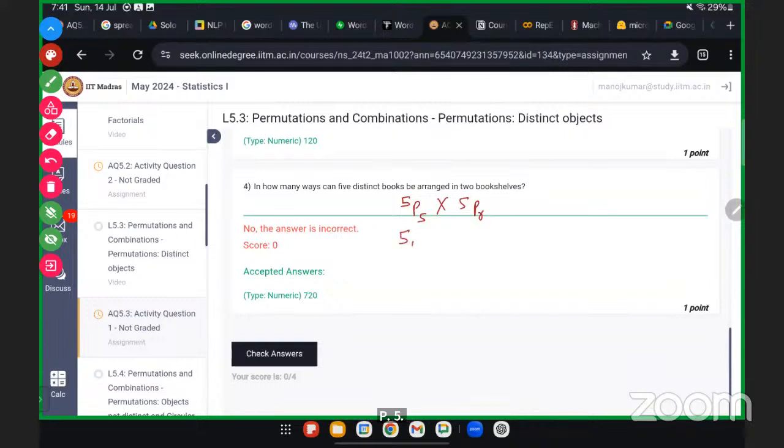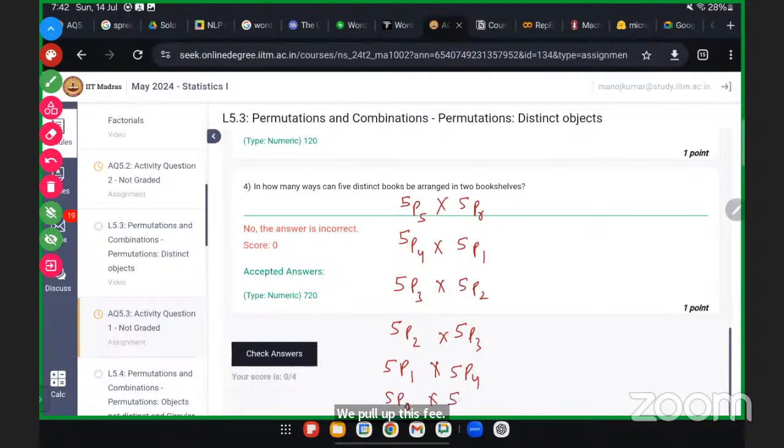This is when 5P4. This is 5P1. 5P3. This is 5P2. 5P1, 5P4. This is 5P0 into 5P5.